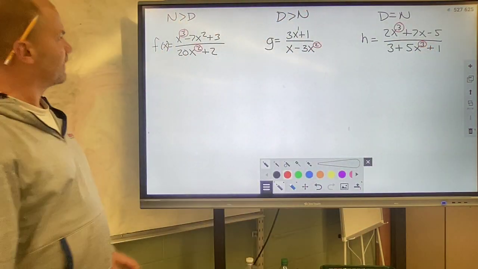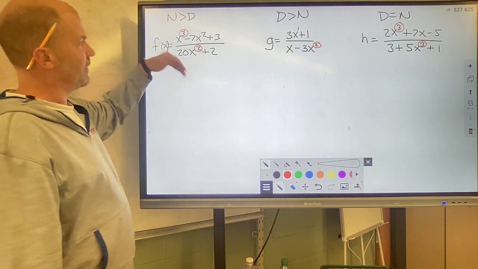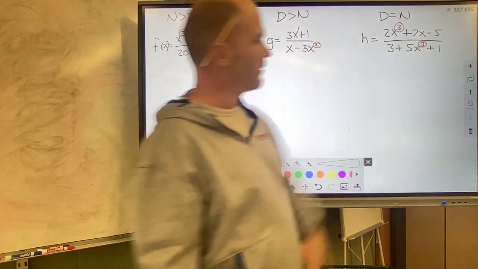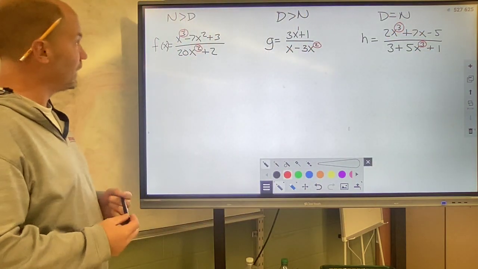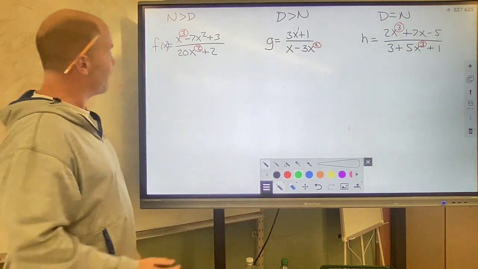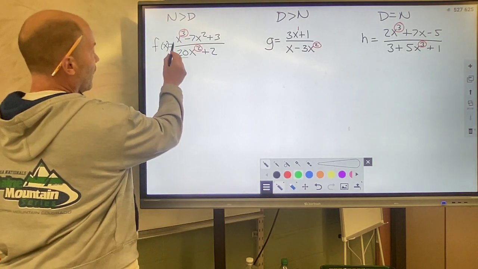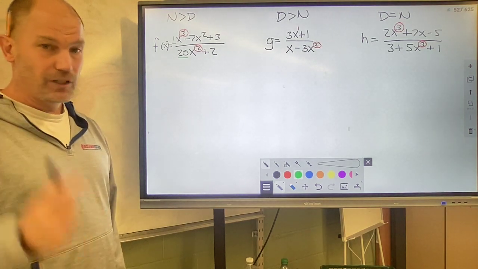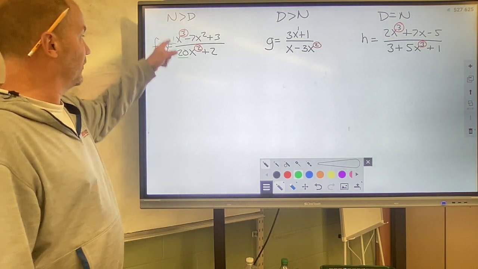So we can see that here the numerator is bigger than the denominator, here the denominator is bigger than the numerator, and here they are the same. Just so that we can see it as well, the coefficient of the degree term, in this case is 1 and 20.